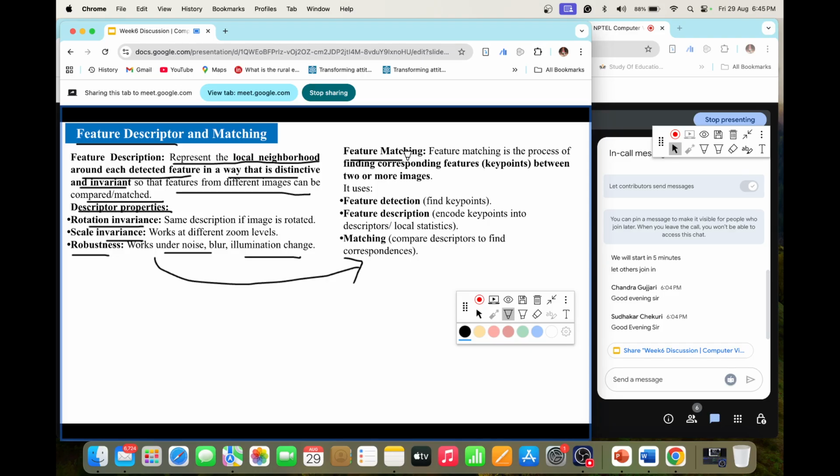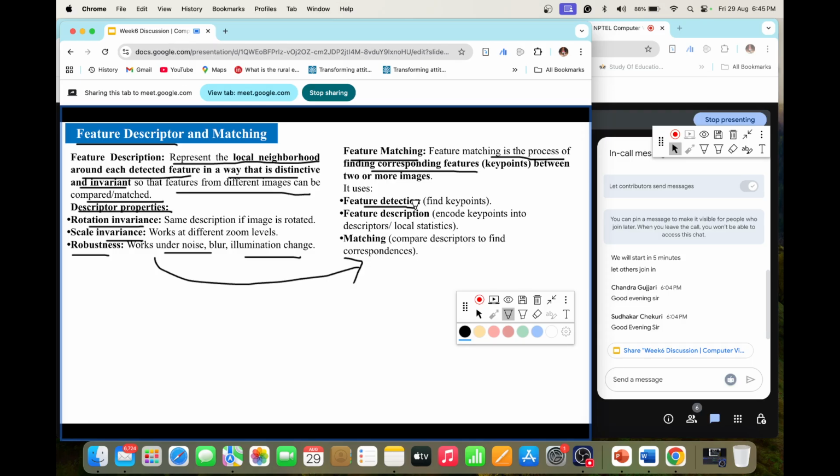Feature matching: after feature detection and feature description, we come to feature matching. Feature matching is the process of finding corresponding features between two or more images. How is feature matching done? First we do the feature detection, that is, find the key point in the image.